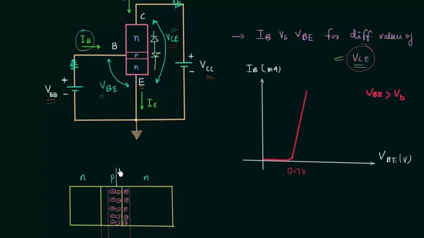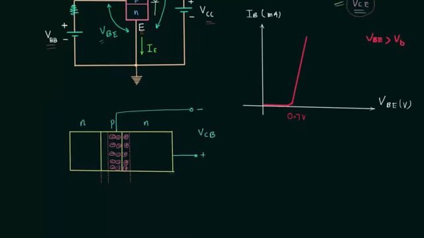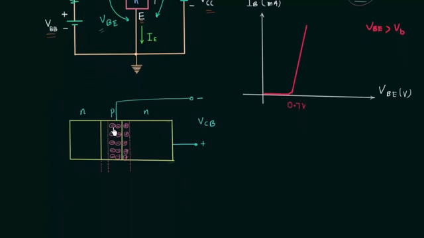So base is at the lower potential and collector is at higher potential, and the voltage across the collector base junction is equal to VCB, and because of this, width of depletion layer will increase and it will penetrate more in base region because base is lightly doped, and you can clearly see the penetration of depletion layer is more in base region.